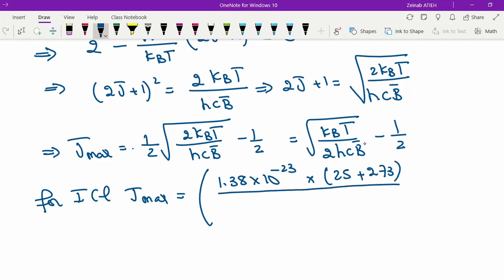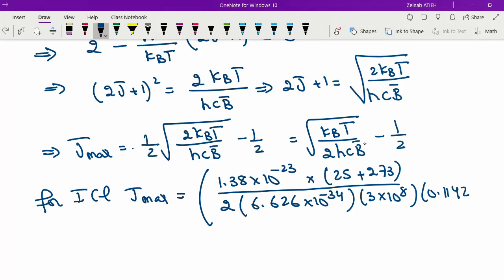Divide by 2. h is 6.626 times 10 to the power minus 34. c is 3 times 10 to the power 8. And B bar was given, 0.1142 centimeter to the minus 1, change it to meter to the minus 1 by multiplying by 10 to the power 2. So all of this is under the radical, to the power half, and for sure minus half.